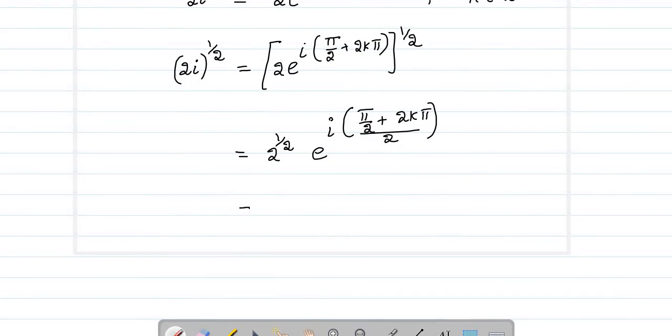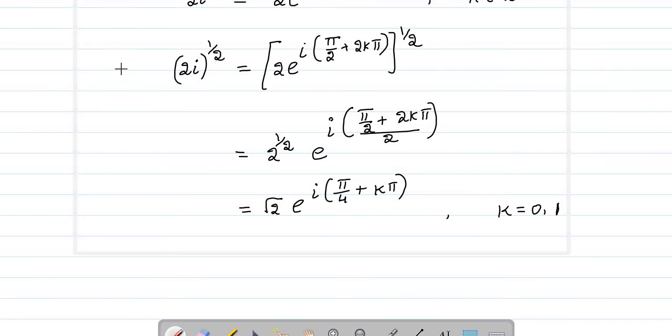Okay, so when you simplify this, you get root 2 into e power i, pi by 4 plus k pi. And you can tell me what is k here. k will be 0 or 1 only. Why? Because we know it will have only 2 solutions. Even if you take the other cases like k equal to 2, 3, 4, 5 and so on, you will get the same numbers. You do not get different numbers.